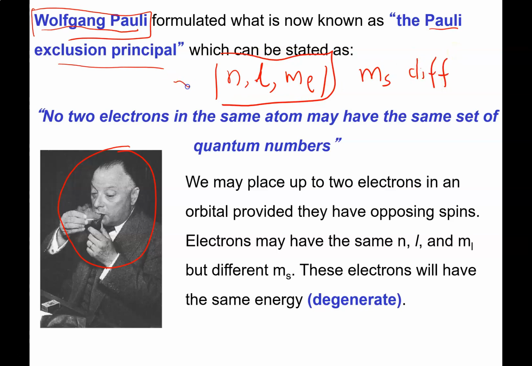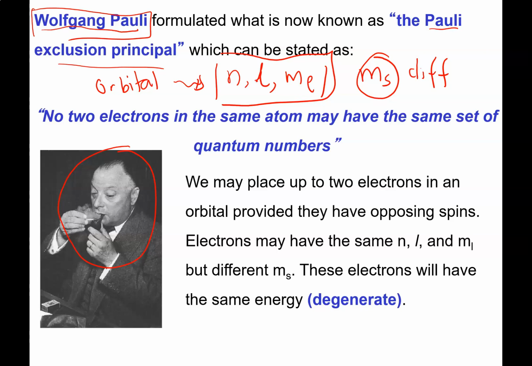And if you keep in mind that N, L, and ML describe an orbital, and then MS describes how it is spinning, what this really means is that for a given orbital, you can have 2 electrons in it, but those electrons must have opposite spins.